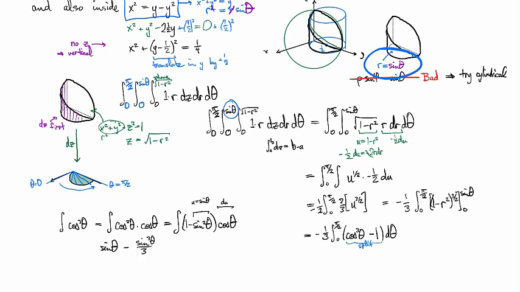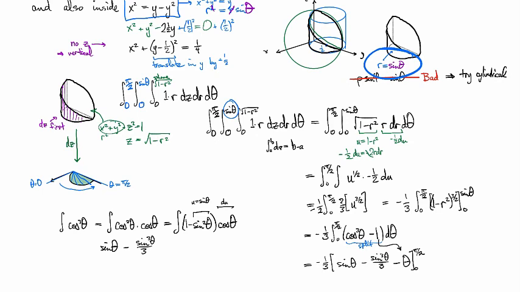So bringing all this together, we have minus 1/3 times the sine theta minus sine cubed theta over 3 from the cosine cubed integral, and then minus the theta coming from the 1 right here, 0 to pi over 2.